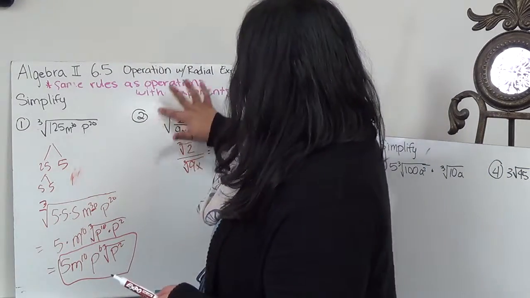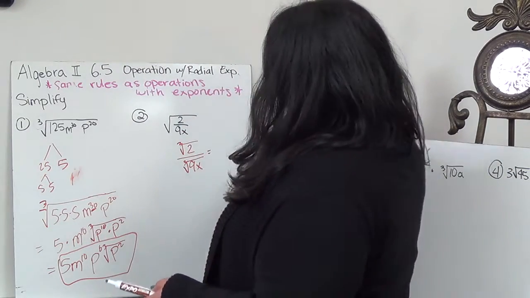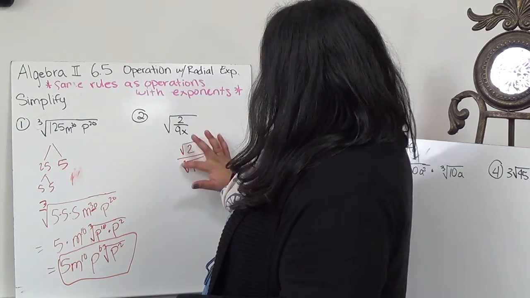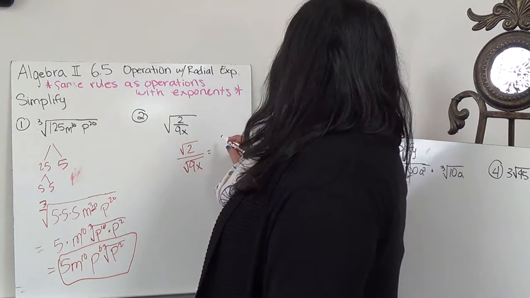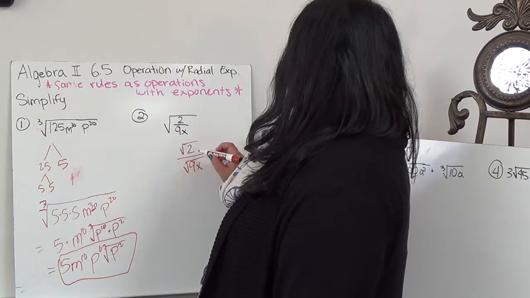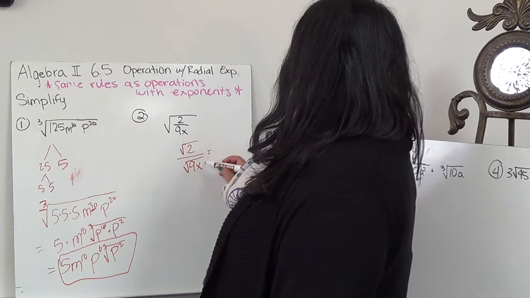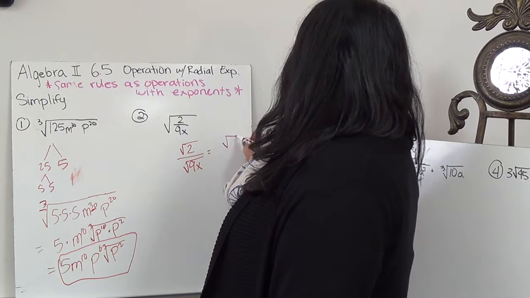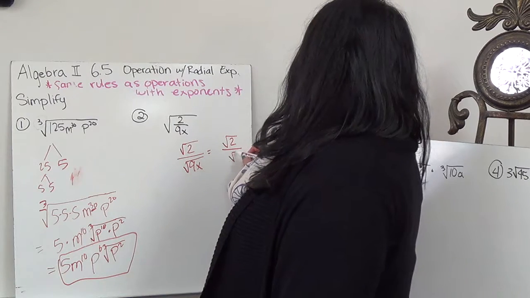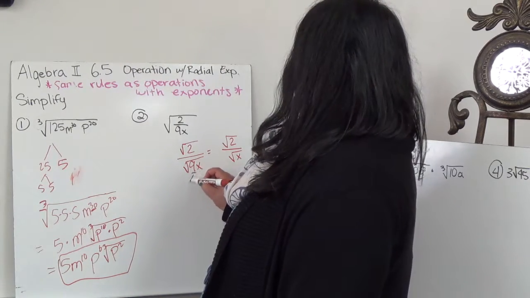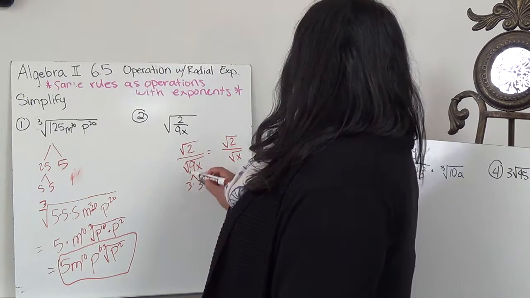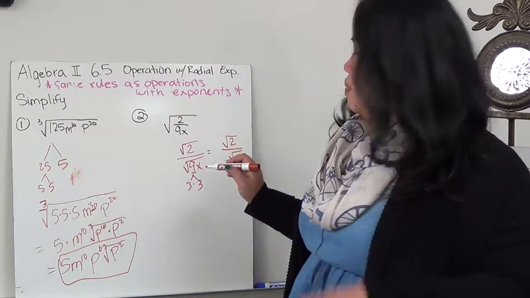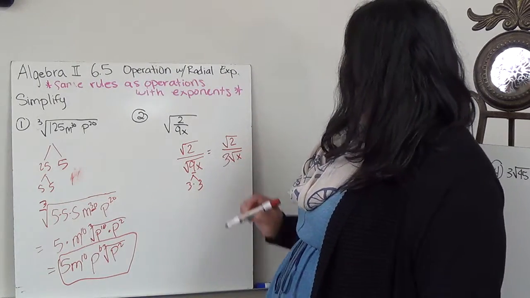I think it was meant to just be square root, right? So the only thing I can take out here, because this can't be square rooted, is I leave 2 and I leave x, and this 9, because it's 3 times 3, so this would be 1, 3 on the outside.